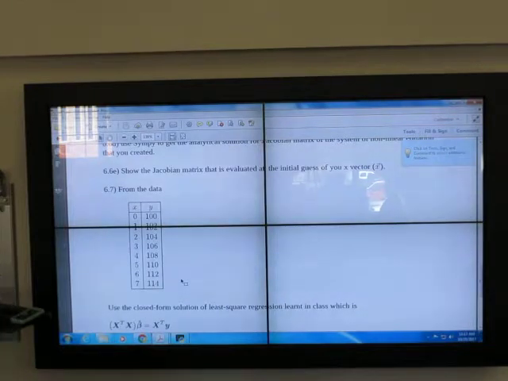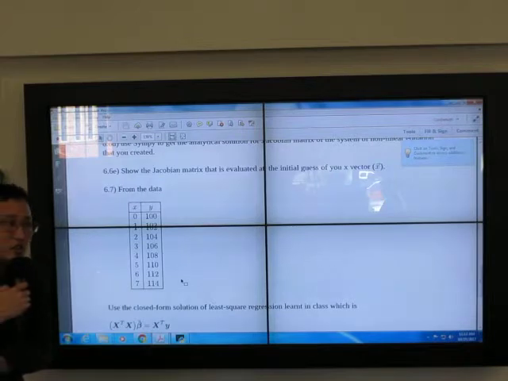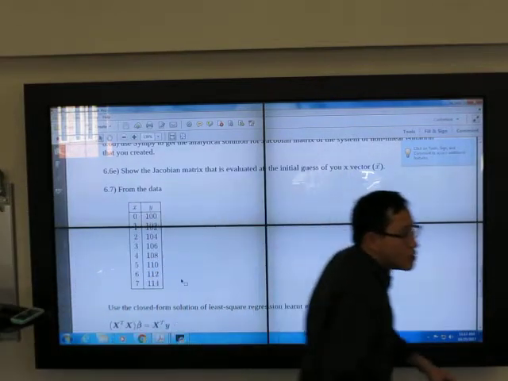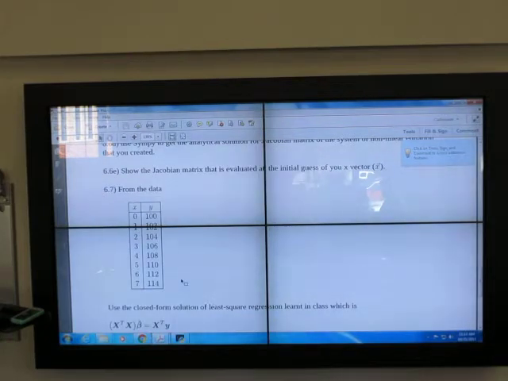Did you open Jupyter Notebook? Yeah, it's opening. It's not opening? You have to change the computer if it's not opening. Is it opening? Okay, there, it's opening.